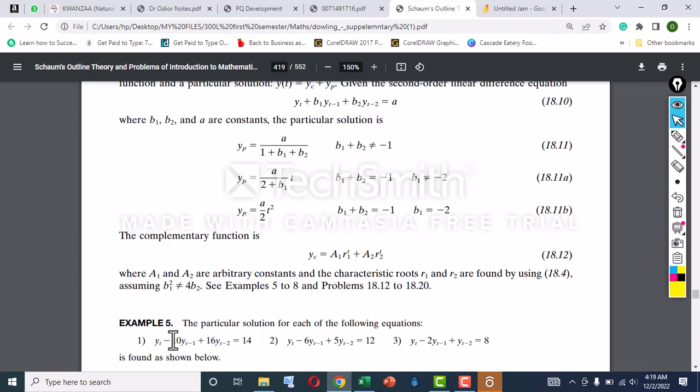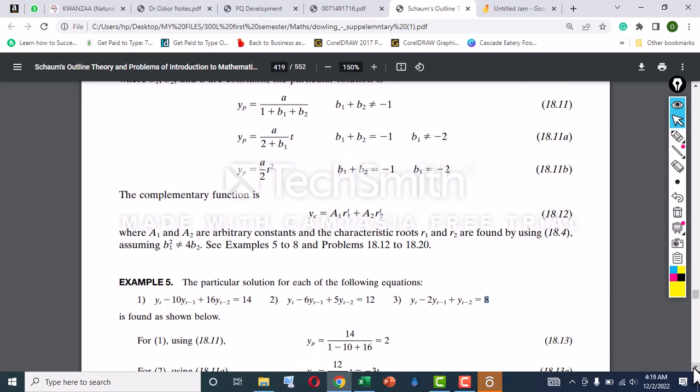From here, these are b1, these are b2, which is 1 since there is nothing here, and these are our a. So let's now go to the solving of the question.